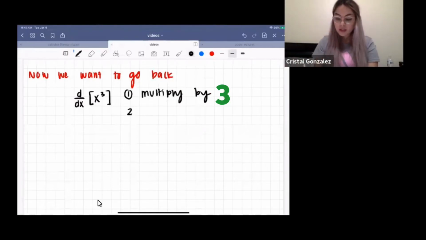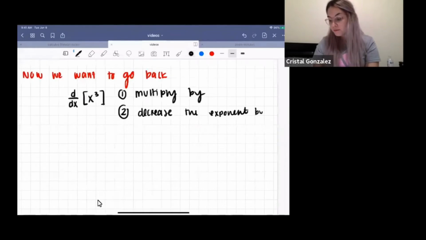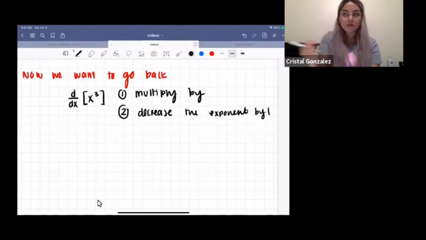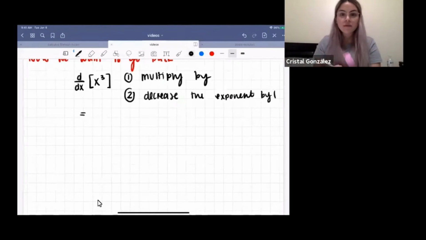And then my second job is to decrease the exponent by 1. Easy. You've been doing this the whole semester, basically. And so when we take the derivative of this, we just get 3x squared. Perfect.